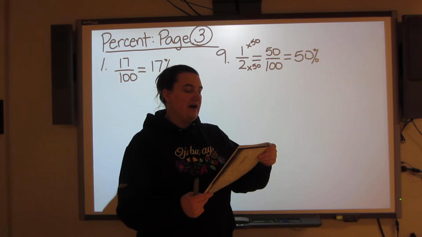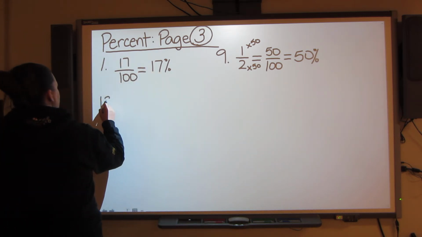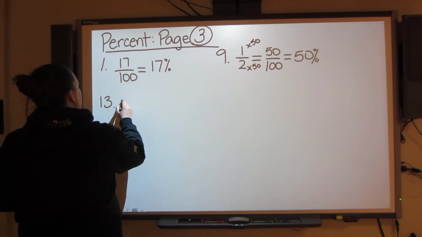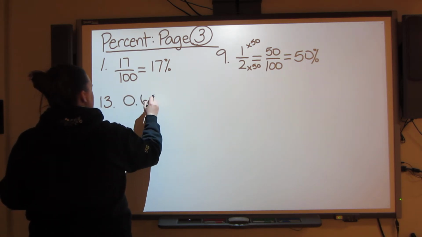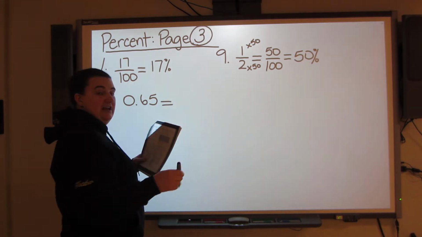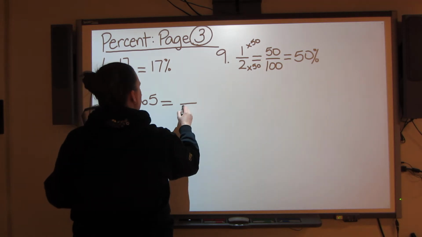Now, you've also got number 13. So let's take a look at number 13. This is where we're going to start using decimals. So number 13, I have 0.65, and I have to change it into a fraction with 100 on the bottom.